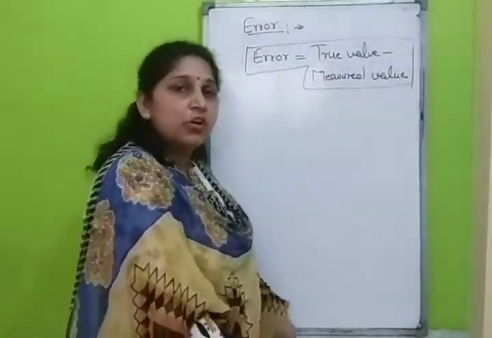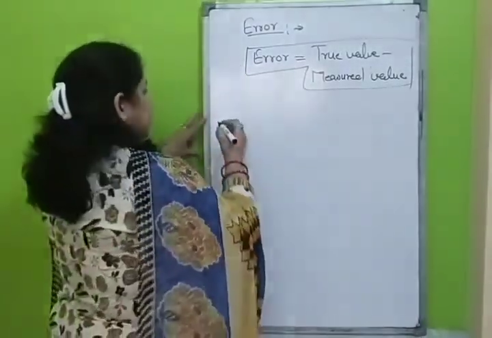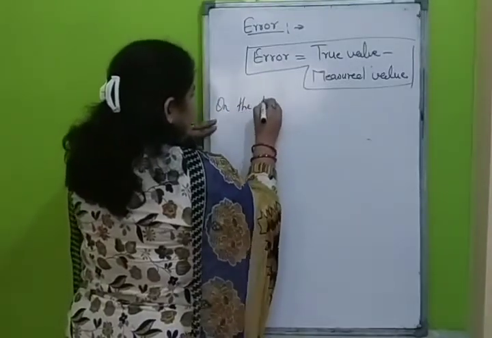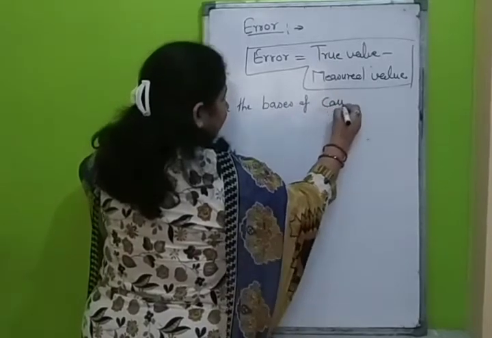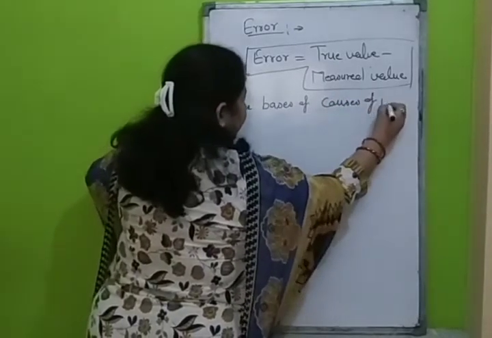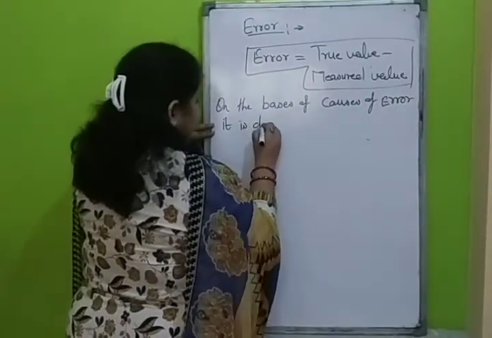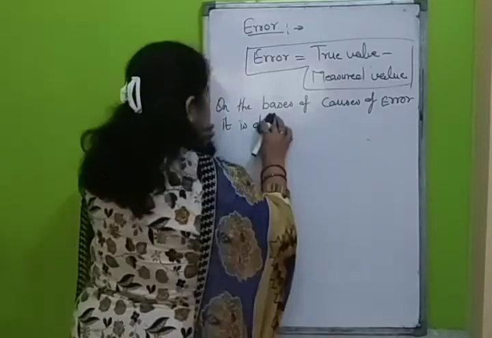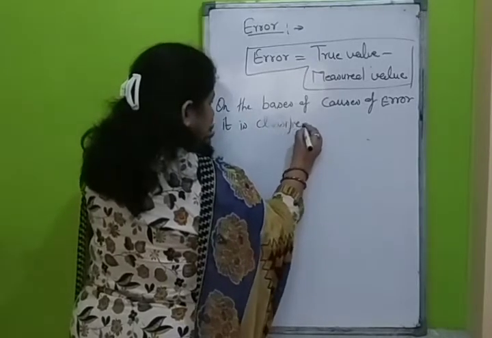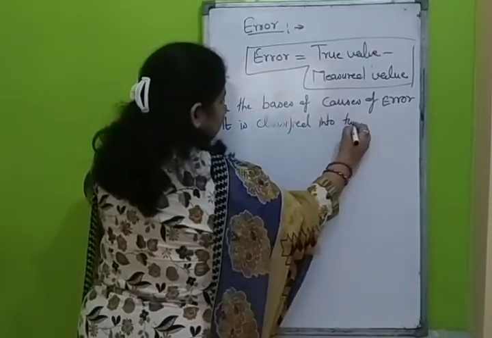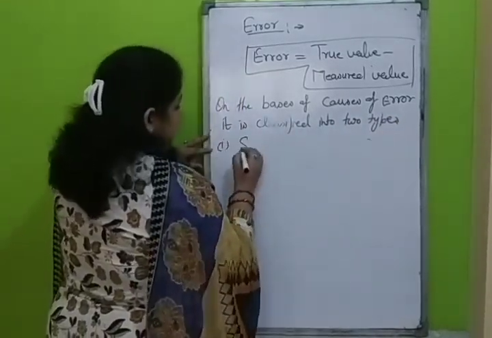On the basis of causes of error, errors are divided into two types. First is systematical error.